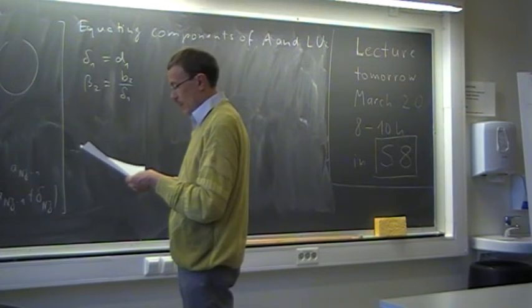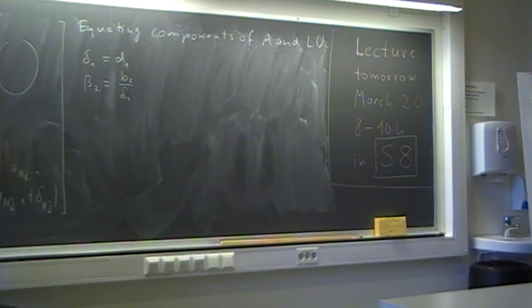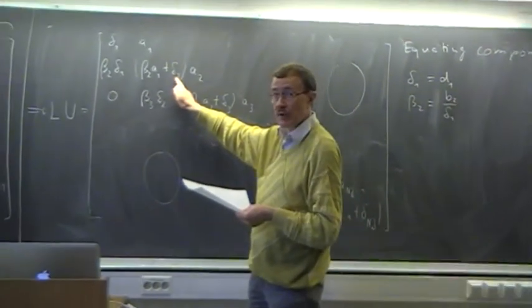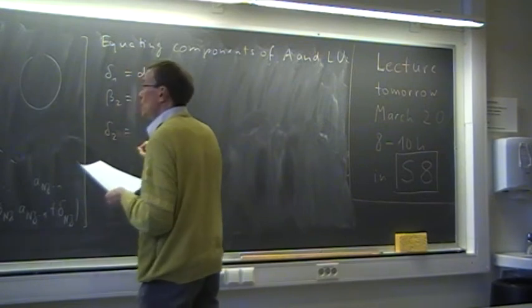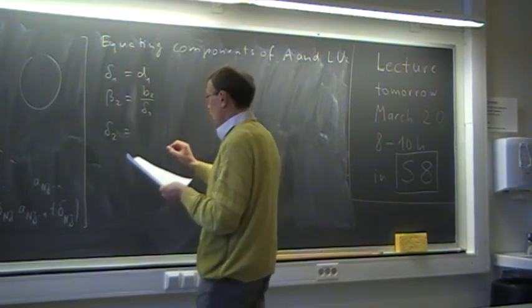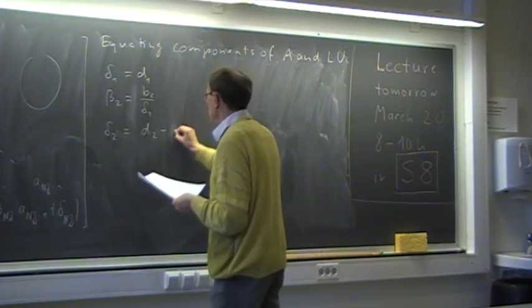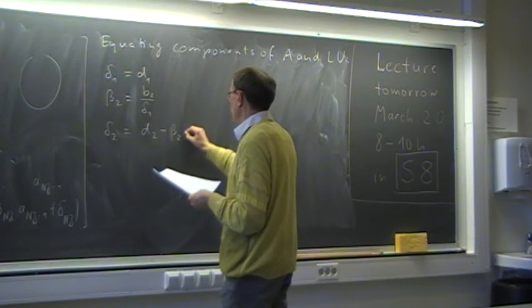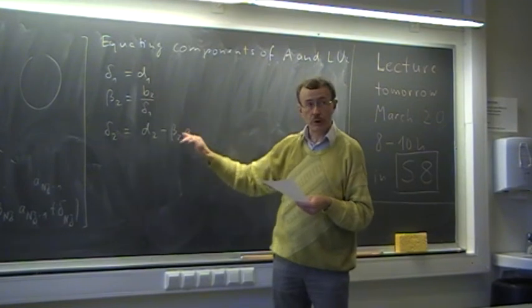Then we go into the diagonal element here 2, 2. We equate that with the D2. Remember, we know already the beta 2, and we know, of course, the A1. By that we can determine the delta 2. So the delta 2 will then be the D2 minus the beta 2 A1. So that's no problem because D and A are given and beta 2 we know already.